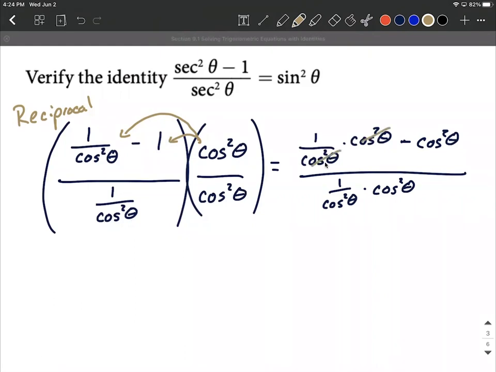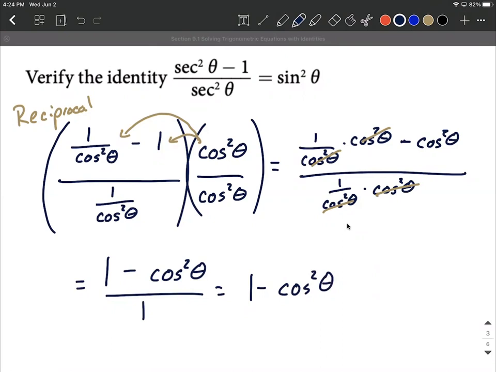Those are going to simplify down, and this first part is all going to make a 1, minus the cosine squared of theta, bringing that along. And for our big denominator, pretty similar. We're multiplying by cosine squared and dividing by cosine squared. That creates a 1, so our overall denominator is also just 1. So really we have 1 minus cosine squared of theta.